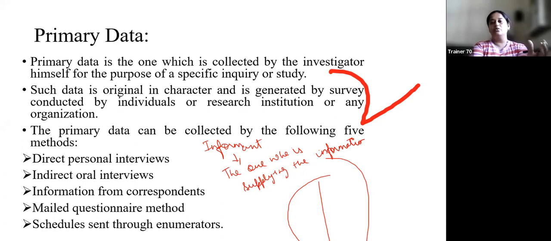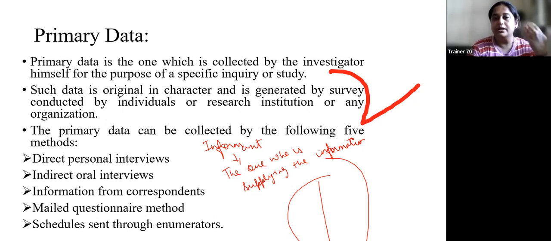Direct मतलब जो इंटरव्यू करने वाला है इन्वेस्टिगेटर, वो डायरेक्टली जा रहा है जो उसकी टारगेट पॉपुलेशन है उसके पास. Suppose if I want to conduct a survey on the students of GLA University BCom Honors Sem 2, so I am the investigator.